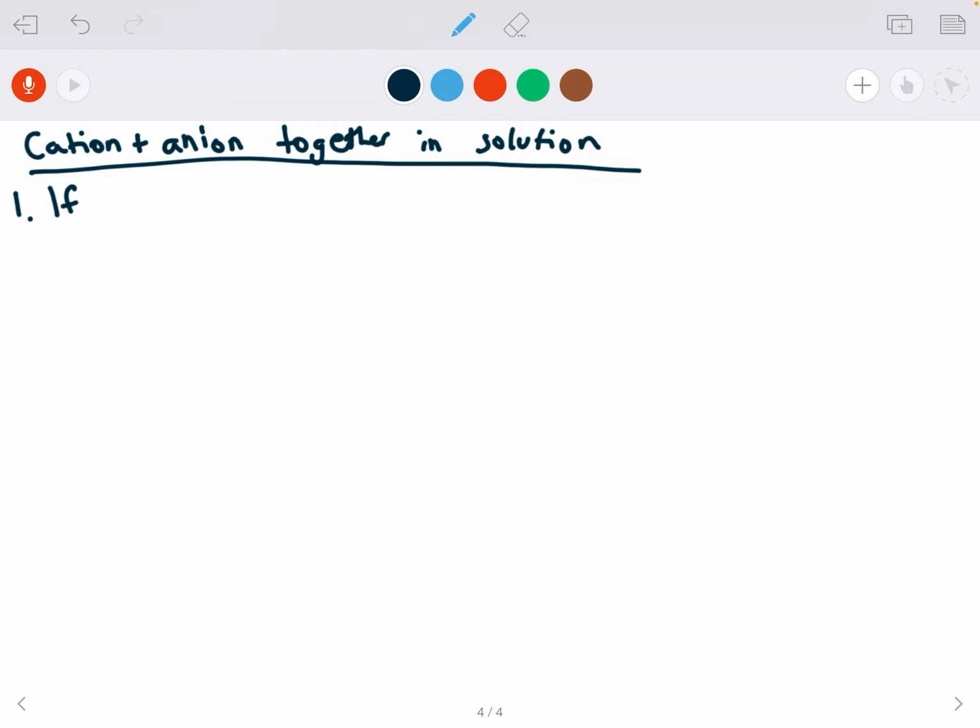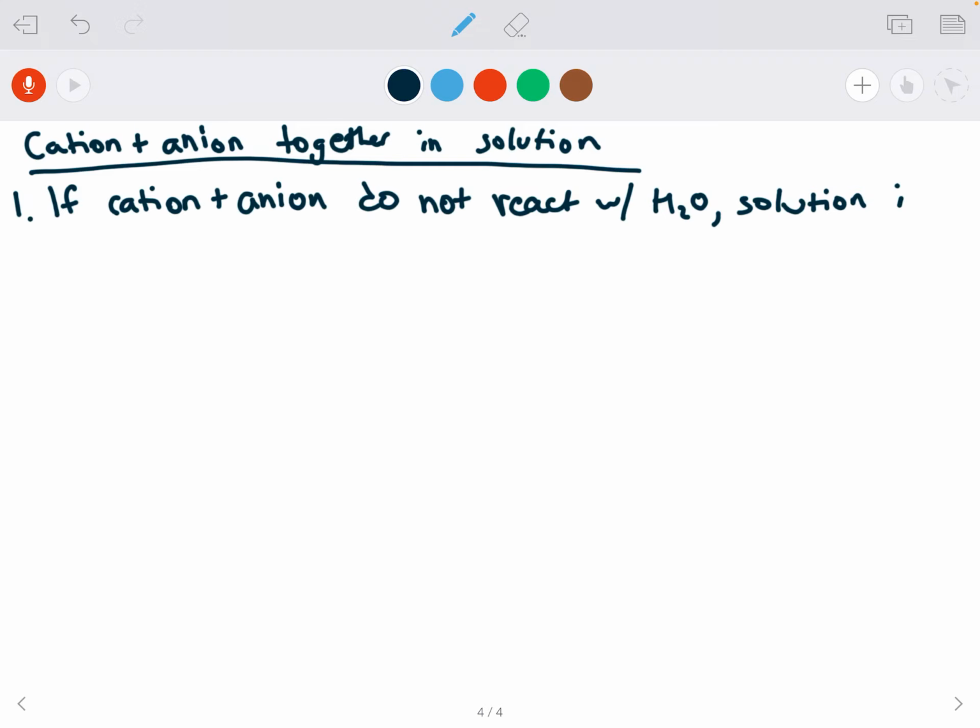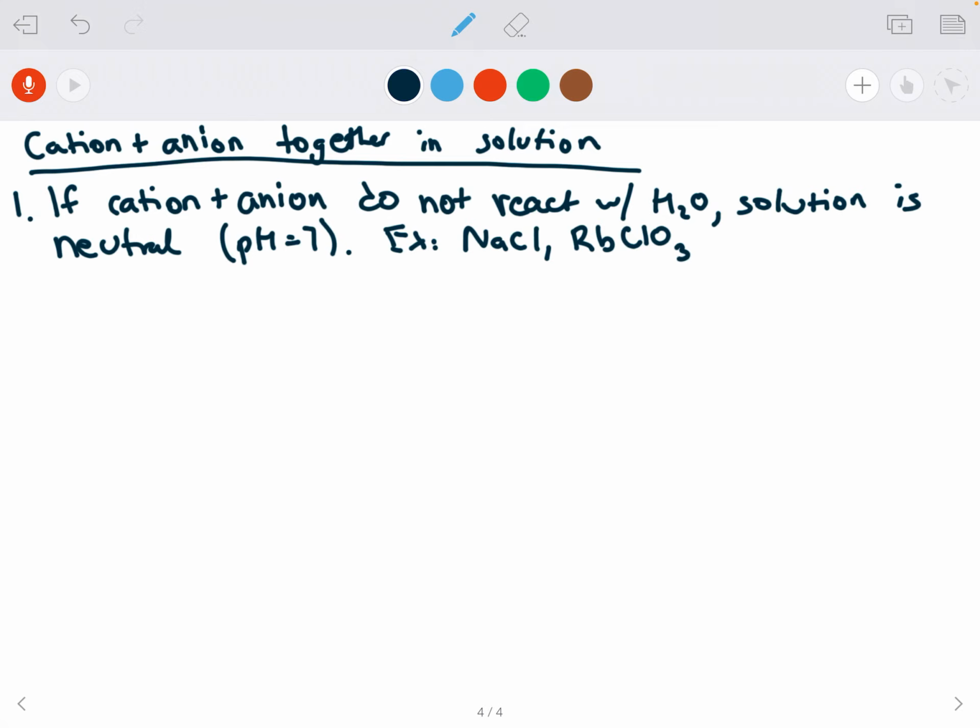So 1, if the cation and anion do not react with water, the solution is neutral. So pH would be 7. An example would be sodium chloride or rubidium chlorate, barium nitrate.